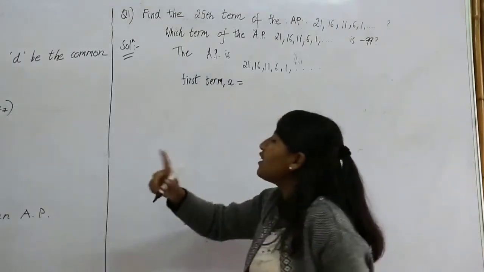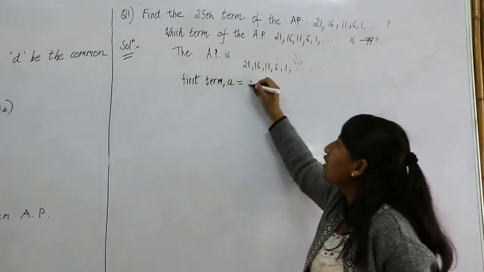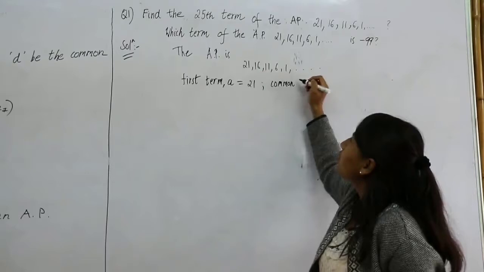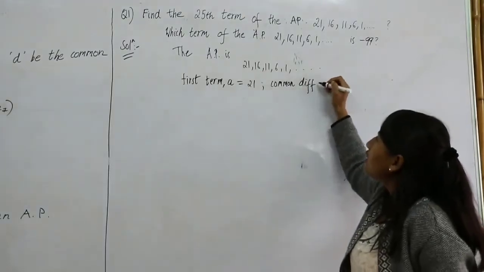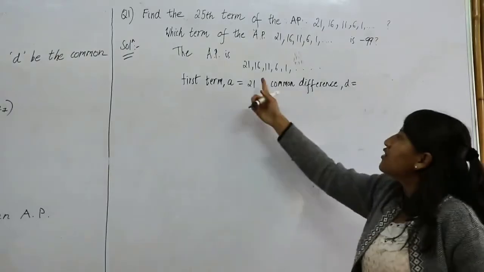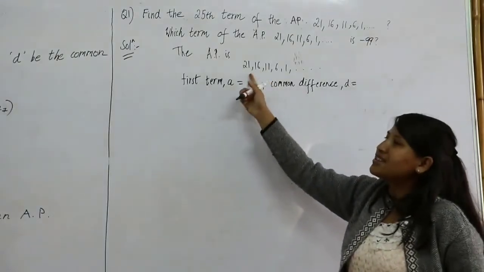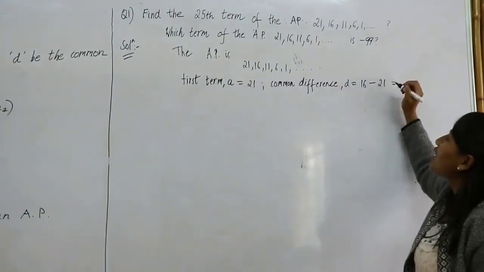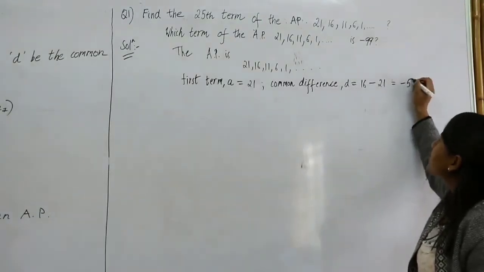First term A is 21. Then the common difference D is, remember, not 21 minus 16 but this side, so 16 minus 21, which is equal to minus 5.